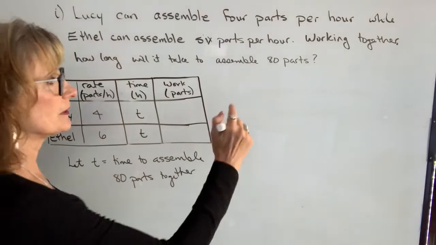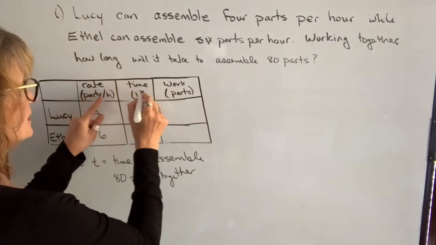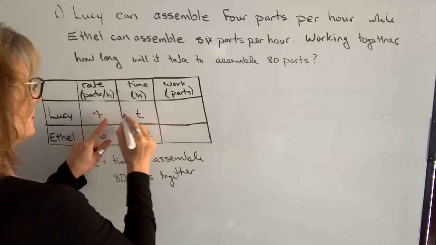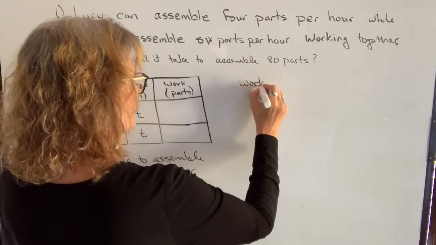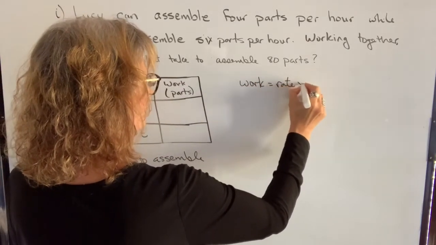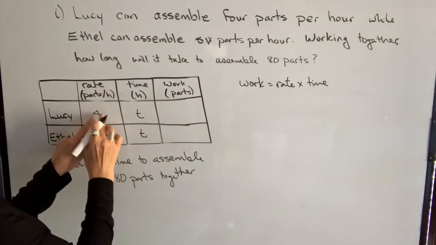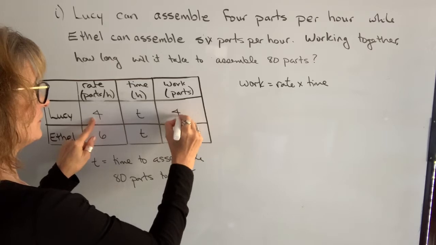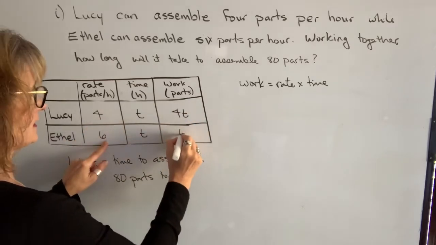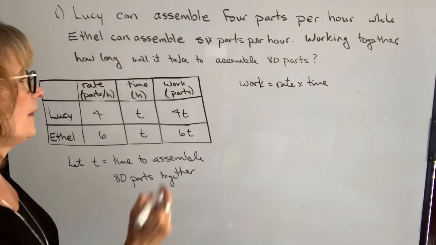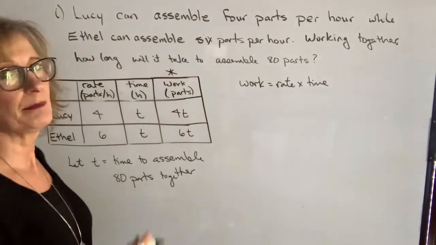And then we're going to use our relationship, rate times time equals work, to complete the third column. So rate times time is 4T for Lucy. For Ethel, it's 6T. And that's the column that we're going to make our equation about.